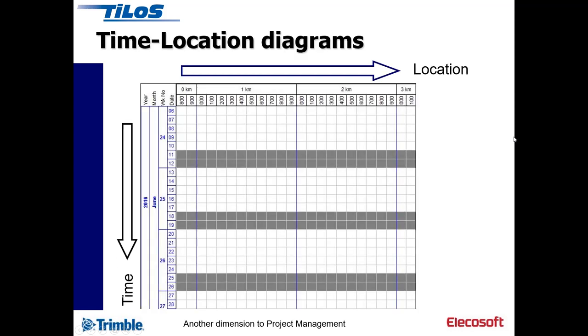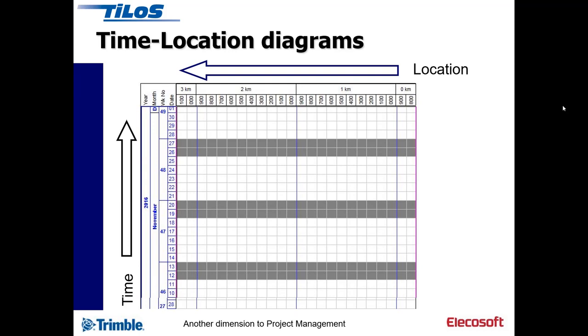But when this is a linear project, you've got an extra dimension to play with. So you've got a time axis in one dimension and a distance axis in another. And in TILOS, it doesn't matter if the location is vertical or horizontal, and it doesn't matter if the location goes left to right, London to Brighton, or it goes right to left, Brighton to London.